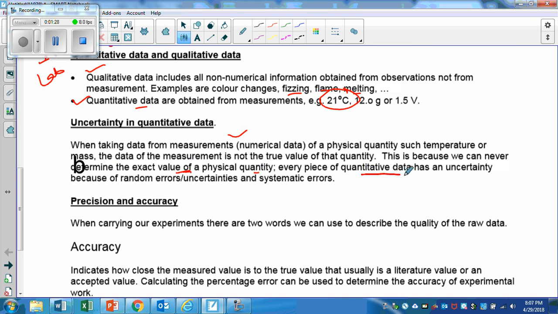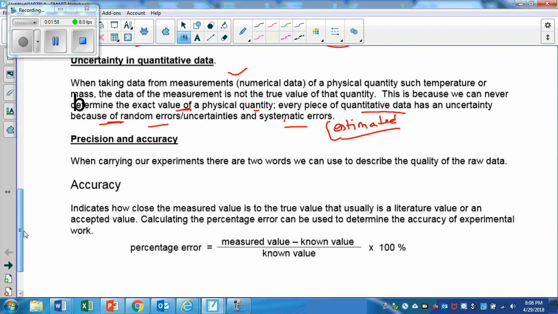Every piece of quantitative data has an uncertainty, because of some random errors or systematic errors. That's why earlier you have probably seen that we talk about the estimated digit. Whenever we take any measurement, it is never final or accurate. It has some degree of estimation involved in it.